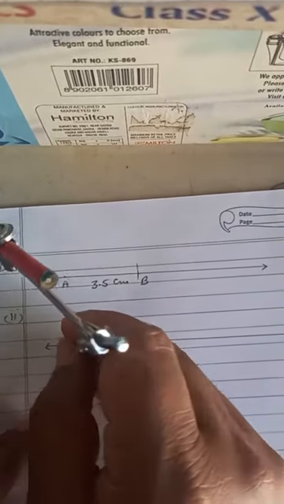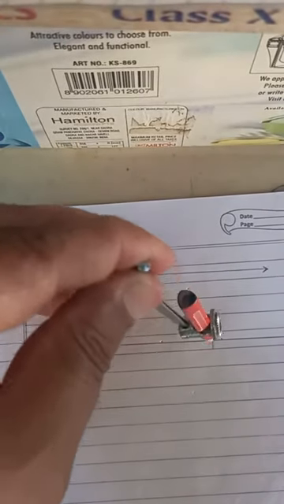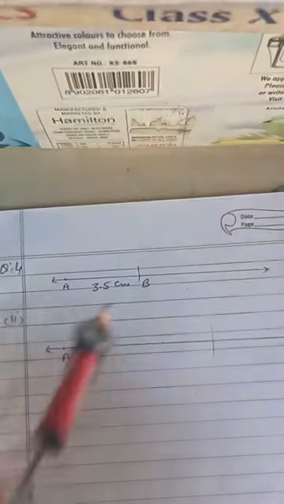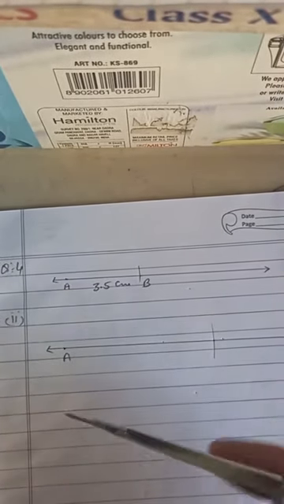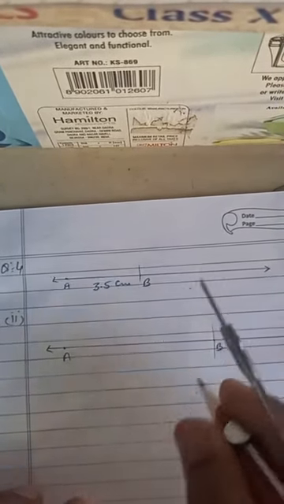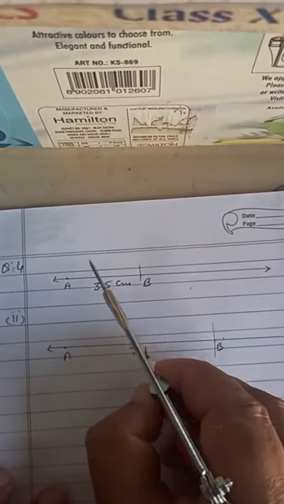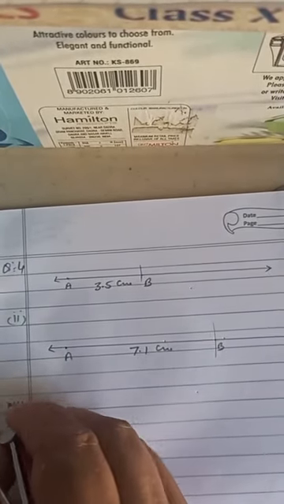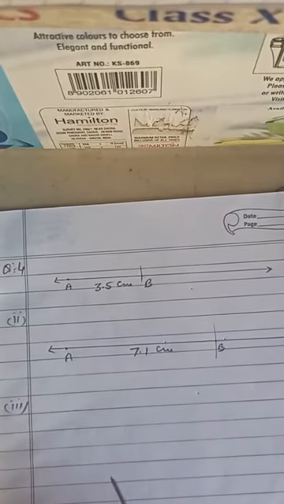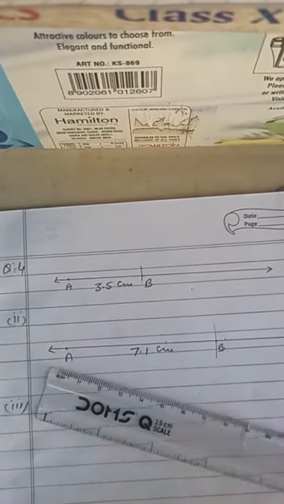Keep the tip of your compass at this point A and mark a small arc on the line. Let this point be B. Now this AB is of length 7.1 centimeter, and the third line segment is of length 8.3 centimeter.